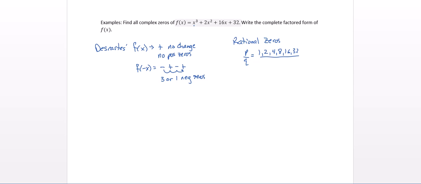And the only factors of 1 is 1. And I know I'm only going to use the negative values, so I'm only going to try negative 1, negative 2, negative 4, negative 8, negative 16, and negative 32. All right, because Descartes said you're not going to have any positive ones. Don't waste your time.